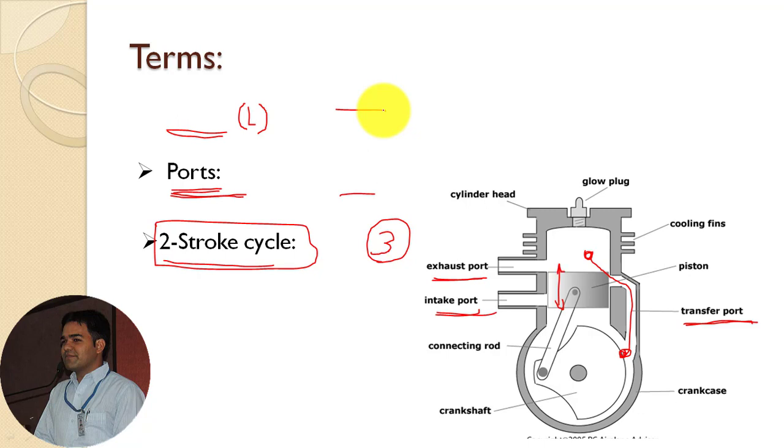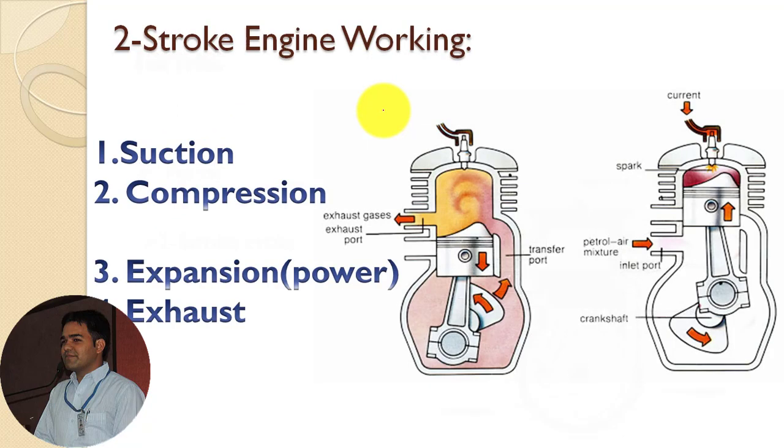And this is the reason why this engine is known as a two-stroke engine. Let's see the working of the two-stroke engine. As I said, in a two-stroke engine, all four processes, suction, compression, expansion and exhaust, are completed in two strokes of the piston only.